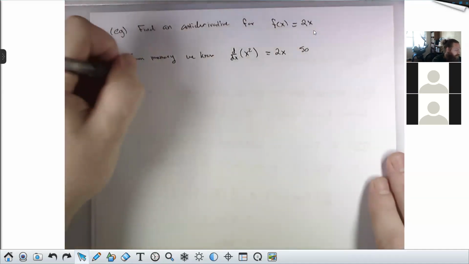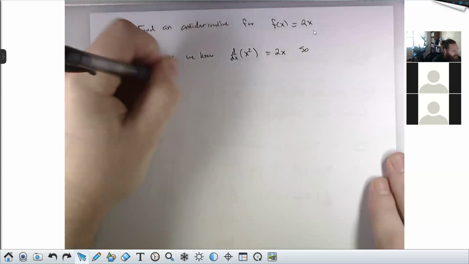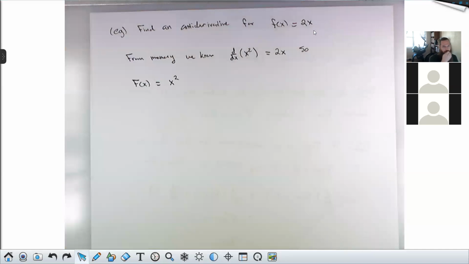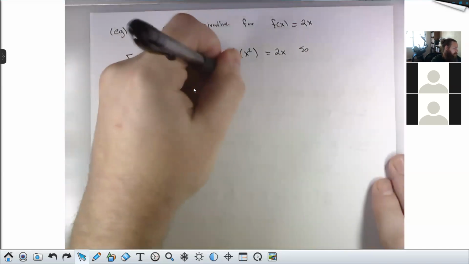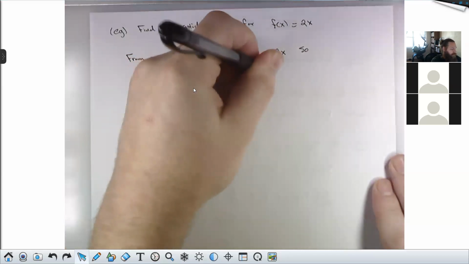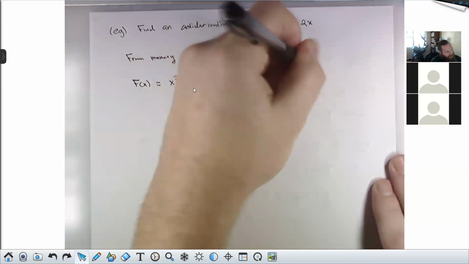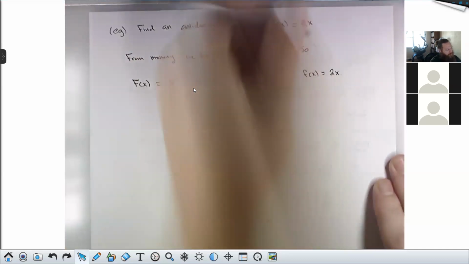So here, capital F of x would be x squared. This guy is an antiderivative for little f of x equals 2x.